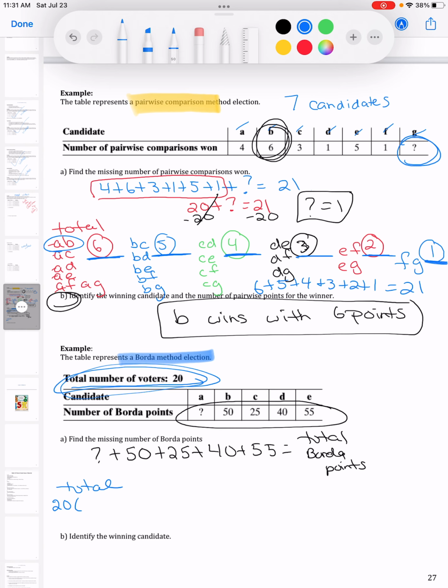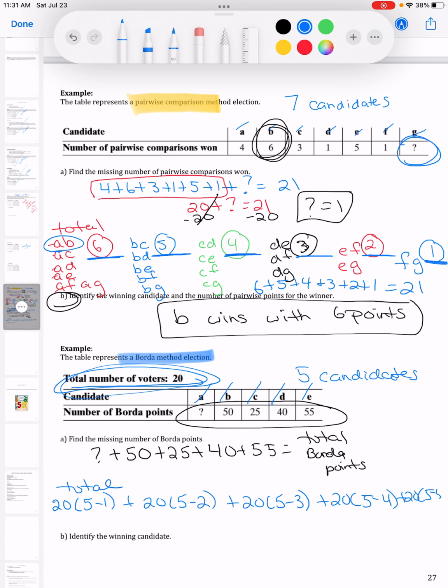So it is, let's see, 1, 2, 3, 4, 5 candidates. So 5 minus first place, 5 minus second place, 5 minus third place, 5 minus fourth place, and 5 minus fifth place.